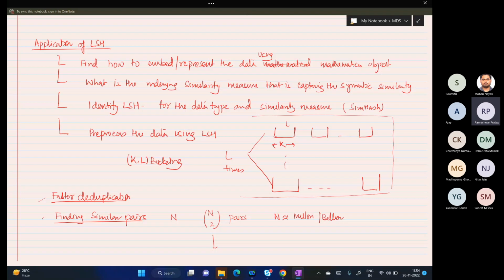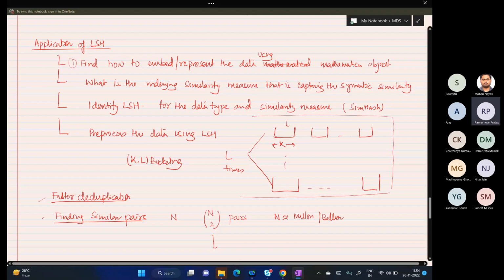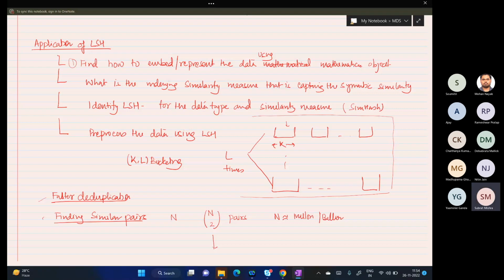For that, domain knowledge and some other things will be required. That is basically the first part of the problem: how to represent the data mathematically, and which similarity measure to choose, which captures the underlying semantic similarity. I am also not understanding how to do it mathematically, in the case of fingerprints or the Twitter fast story detection example.